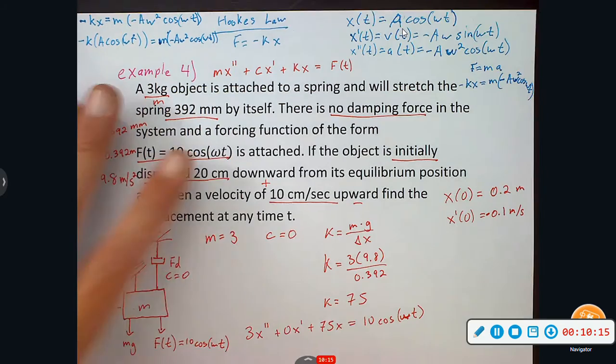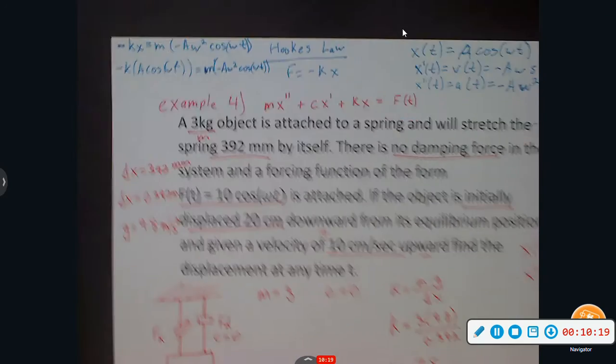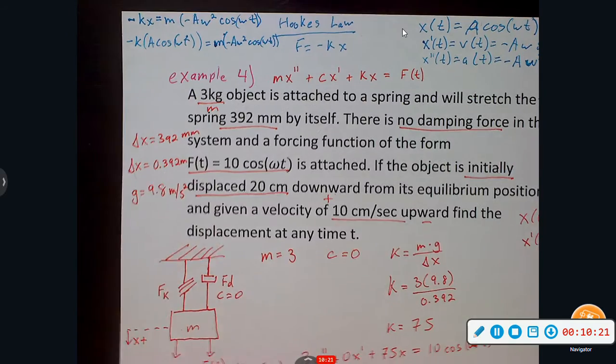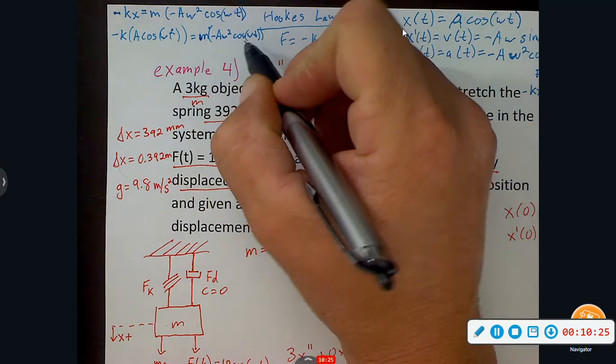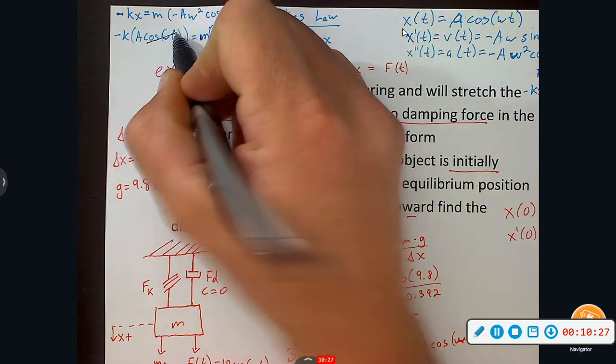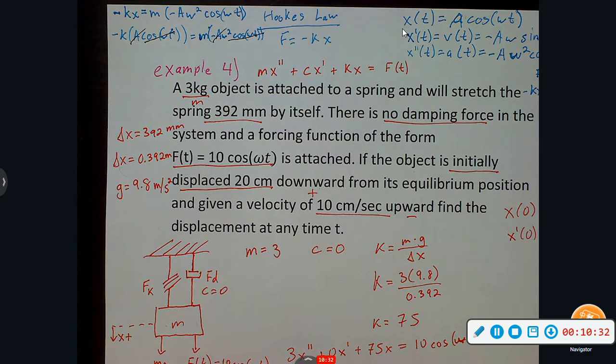Oh, finally. So these cosine wt's can cancel. The a can cancel.